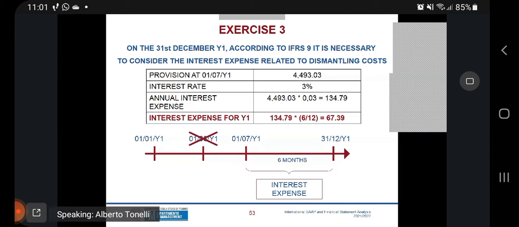This is the only way to get, after 15 years, the amount of the provision equal to 7,000, because for the first year you computed the present value of this amount.